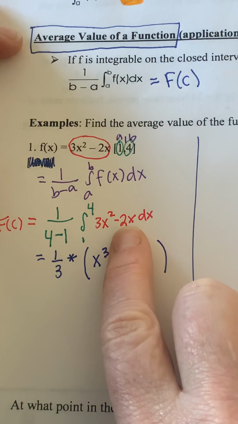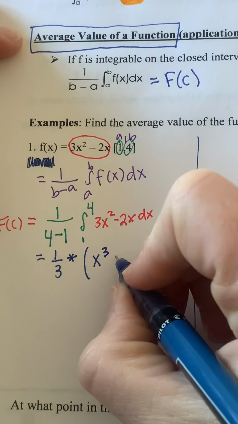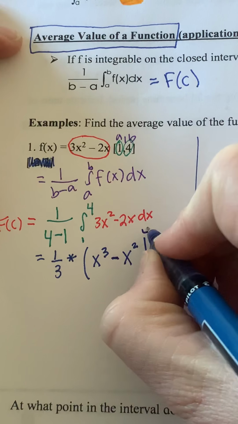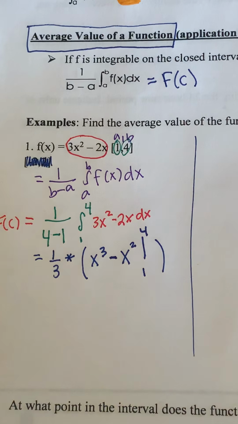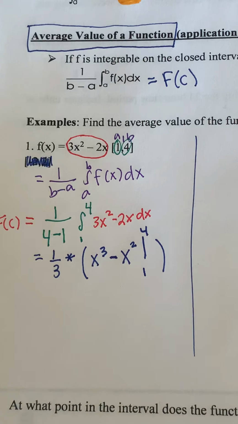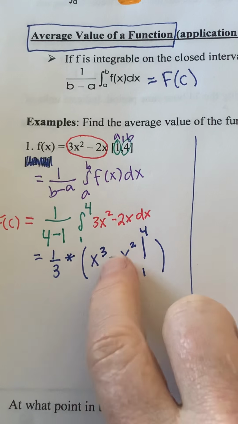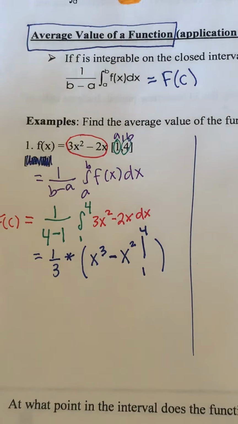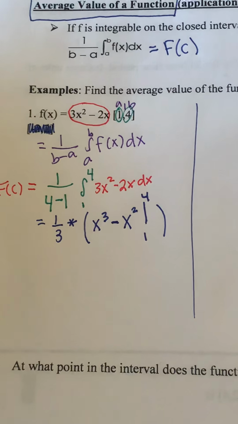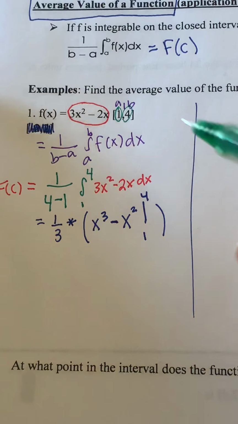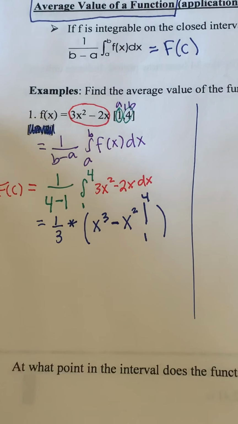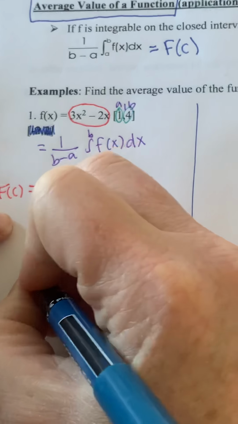And then integrating 2x would give me x squared, but this is negative, so minus x squared from 1 to 4. Okay, double check and take the derivative quickly. 3x squared, that checks. Negative 2x, that checks. Okay, so now thinking of your fundamental theorem of calculus, you'll have to plug in the 4 minus the 1, and then we'll just times everything by 1/3 at the end.